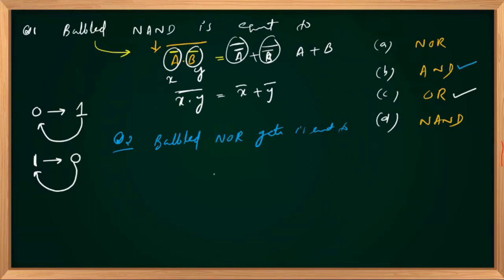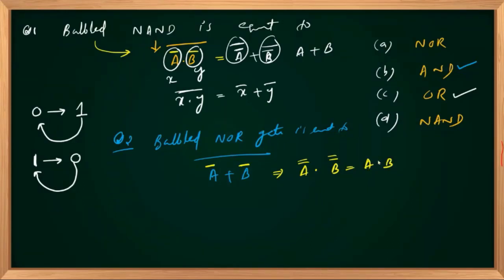NOR is nothing but A plus B, the whole complement. We said bubbled NOR, bubbled means inputs are complemented. So that's equal to A double bar dot B double bar, since complement of a sum equals product of their individual complements. So A double bar dot B double bar is nothing but A dot B. That is my AND gate.